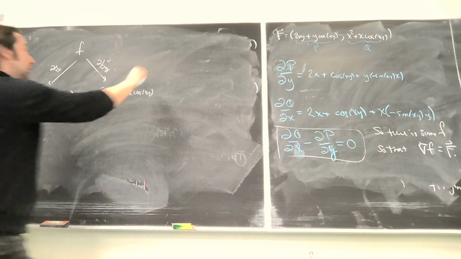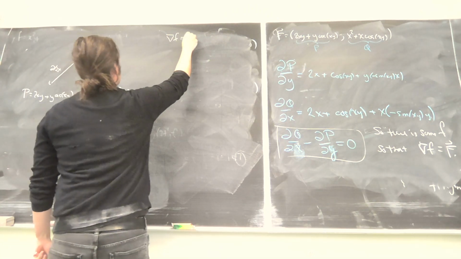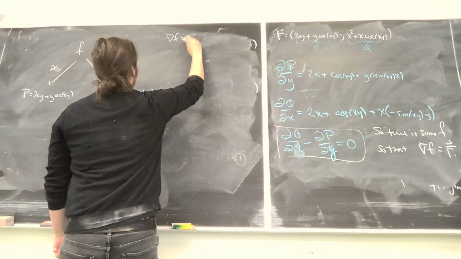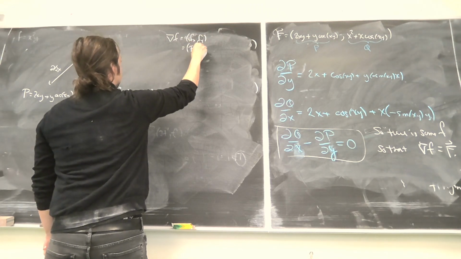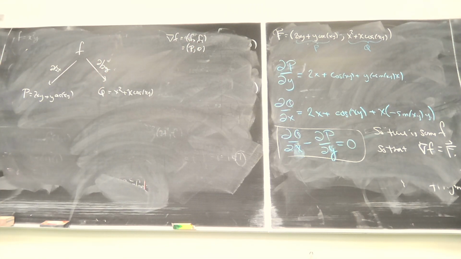Because remember, the gradient of f, which is fx, fy, is also equal to p, q. Well, if I found p and q by taking derivatives of f, how should I find little f? Should probably take integrals, right?